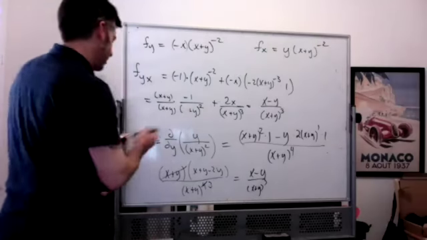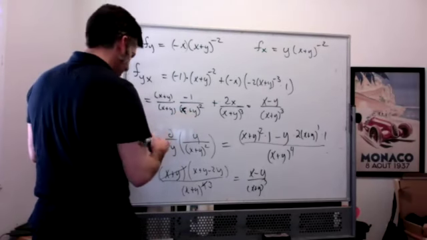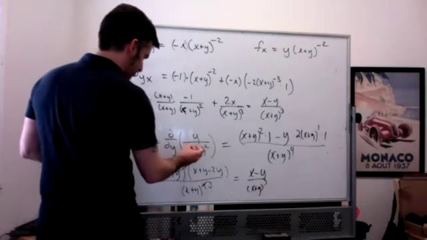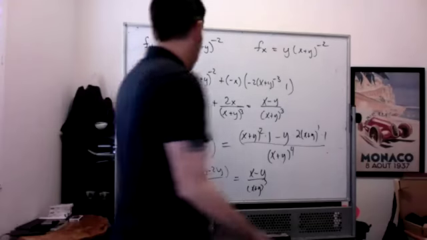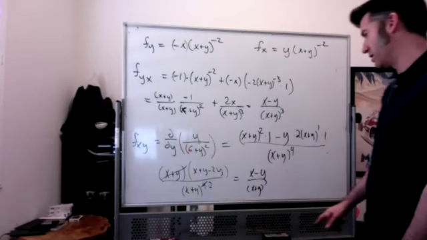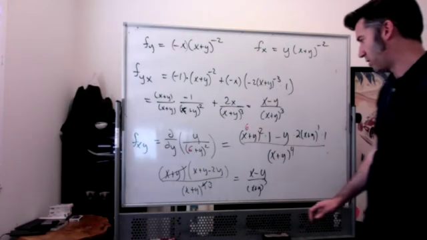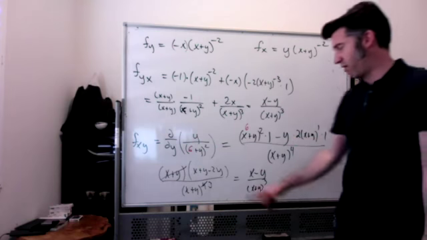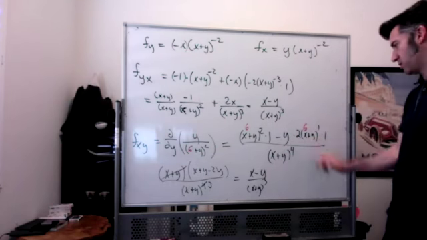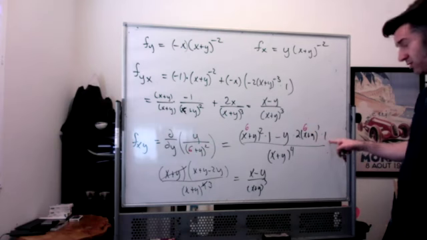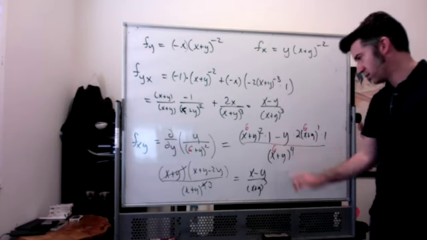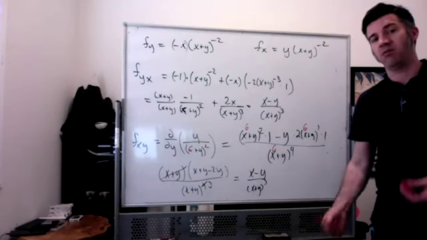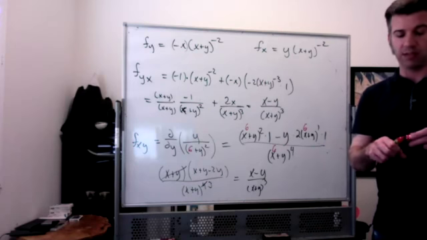When I was doing this problem, I was like, oh, x is just 6. And the derivative of y over 6 plus y squared is bottom, 6 plus y squared, times the derivative of the top, minus the top times the derivative of the bottom. The derivative of 6 plus y squared is 2 times 6 plus y times the derivative of 6 plus y, which is 1, over 6 plus y squared. Right? I'm really just pretending that x is a constant, like 6 or whatever number happens to work for you.